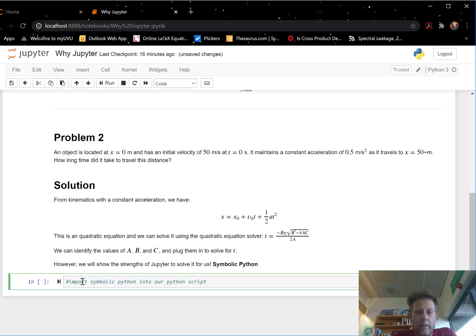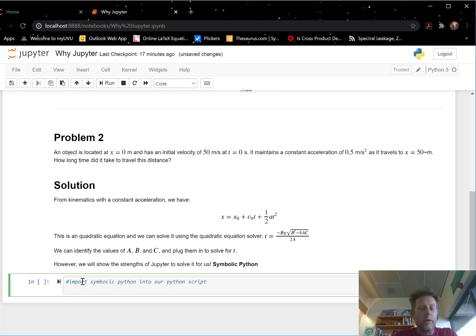And Python is just a compiler. It can do only very few things, very basic things. So sometimes we have to import things so Python knows what they are. One of those is Symbolic Python. So I will do import, what's it called? SymPy, that's short for Symbolic Python, as simply as sim.